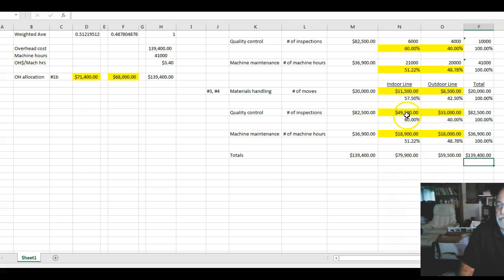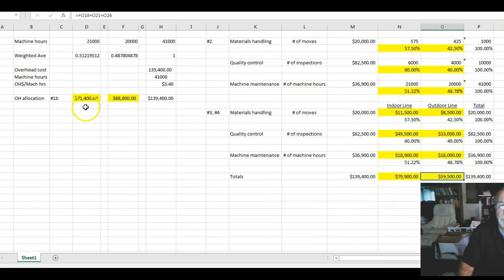So 11.5 plus 49.5 plus 18.9 allocated to indoor line, and 8,500 plus 33,000 plus 18,000 allocated to outdoor line. 79.9, 59.5, which is different, as you can tell.